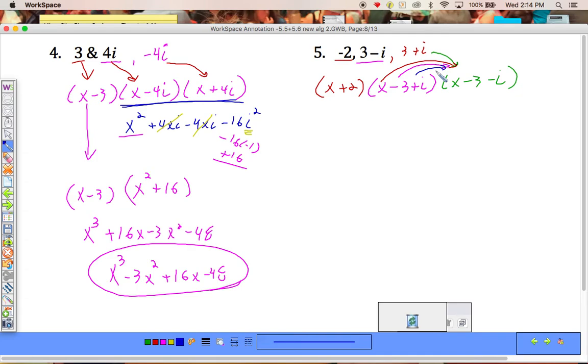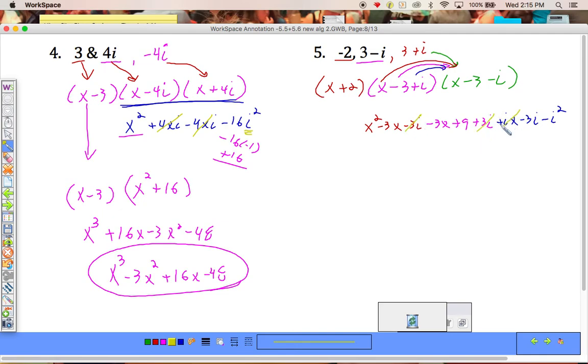And if I do this correctly, all of my i's are going to disappear. i squared minus 3x minus 3i minus 3x plus 9 plus 3i, then plus ix minus 3i minus i squared. x times the back, negative 3 times the back, and i times the back. Good things better happen. All right, I have a 3i and a negative 3i, they're gone.